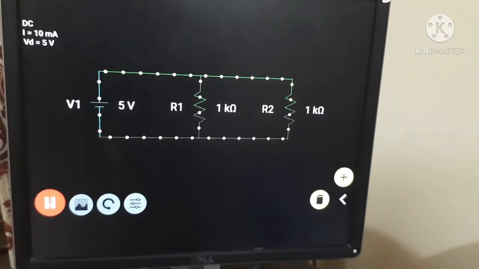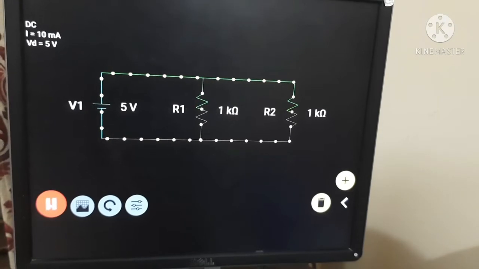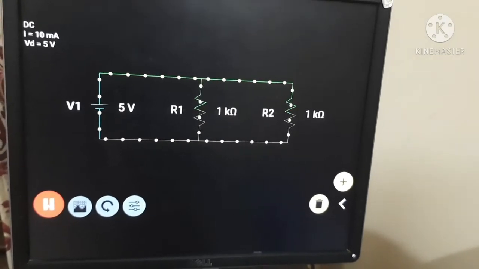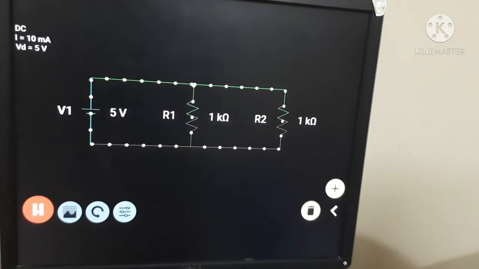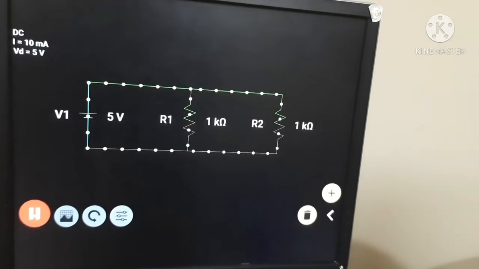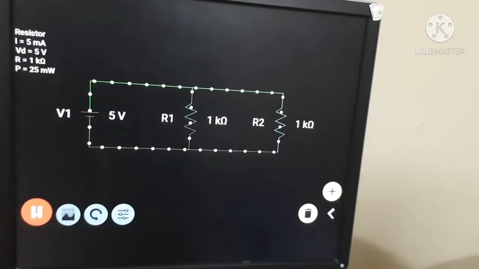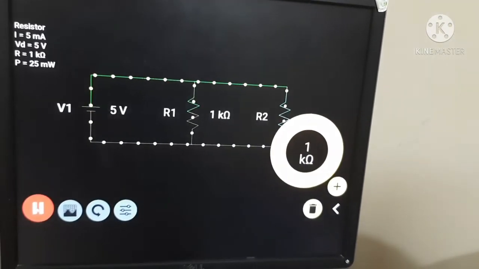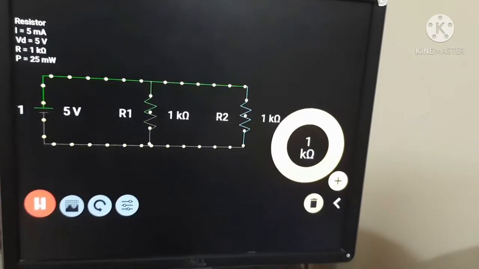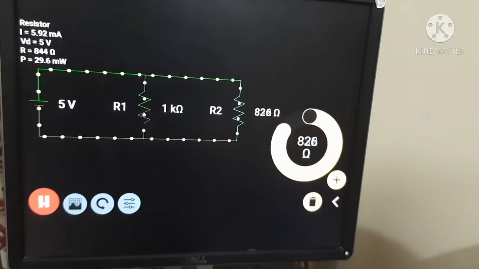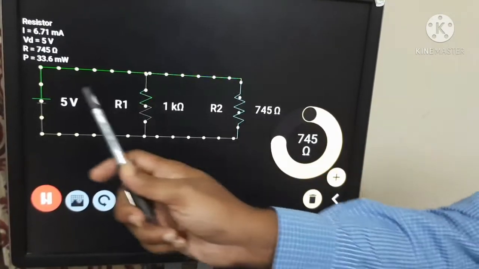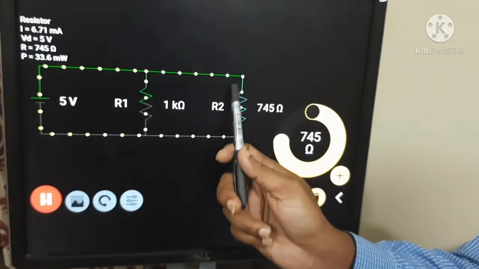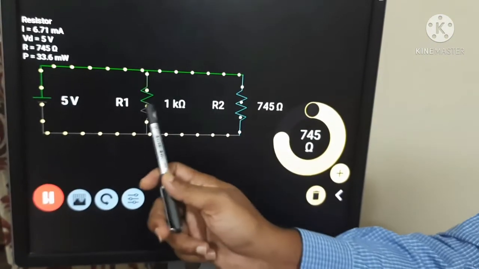Now if I increase or decrease this resistance, we will see how the circuit behaves. For example, I am decreasing the resistance R2. It was 1 kilo ohm, and now I am decreasing it. You can note that the current flowing through this has increased compared to this.